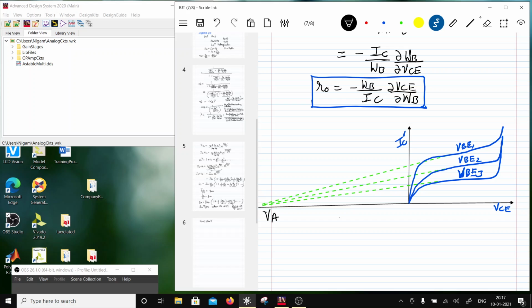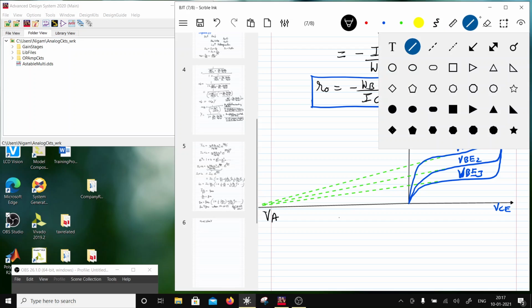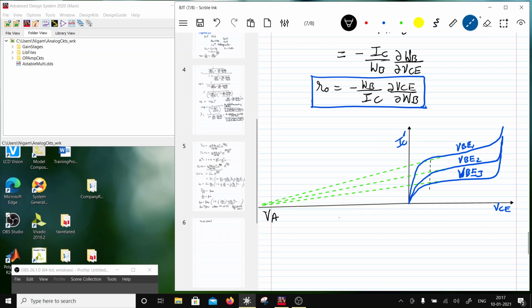And over here this is what is IC, correct? And this is VCE, the current value of VCE, right?